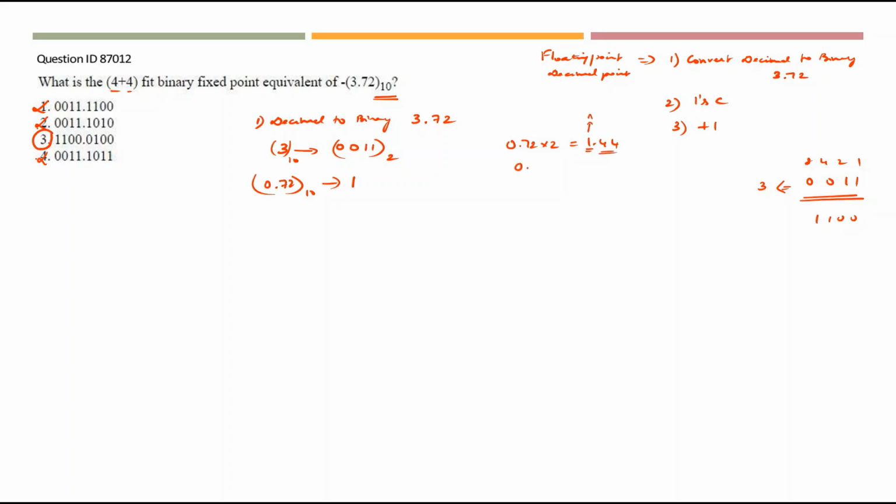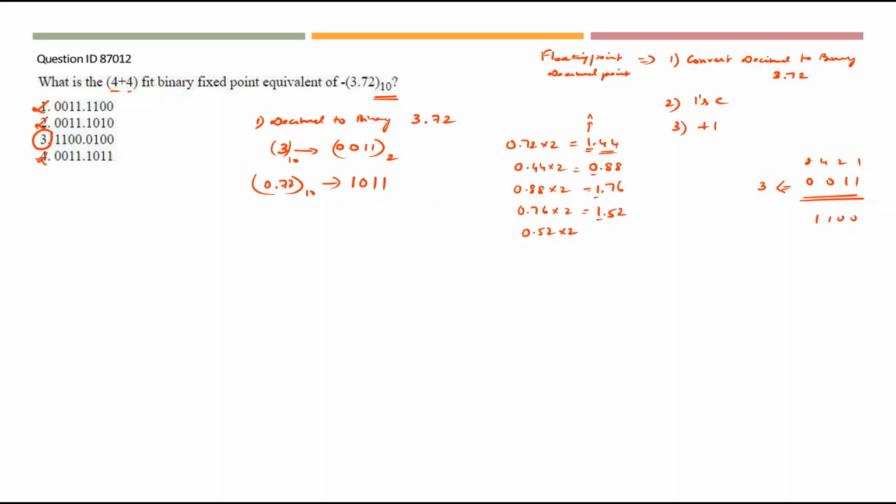So 0.44 into 2 is 0.88. We write 0 here. Then 0.88 into 2 gives 1.76, again write 1. 0.76 into 2 gives 1.52, so write 1 here. 0.52 into 2. Make sure you go for 6 or 7 digits of binary value.